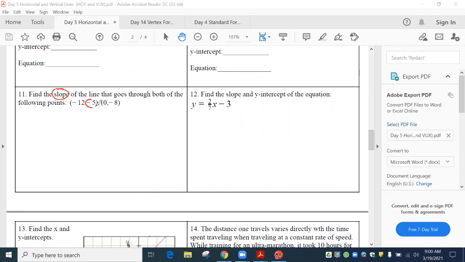I like to circle the y's. And so we're subtracting the y's on top. So we got -5 minus -8. And then we subtract the buddy on the bottom. So -12 minus 0.